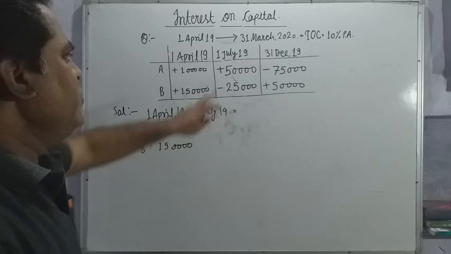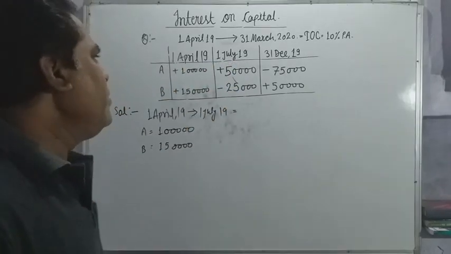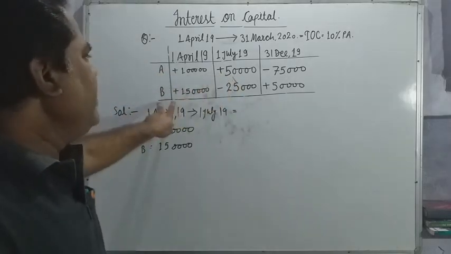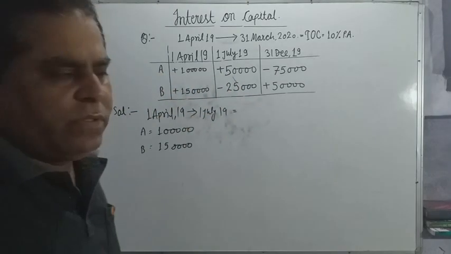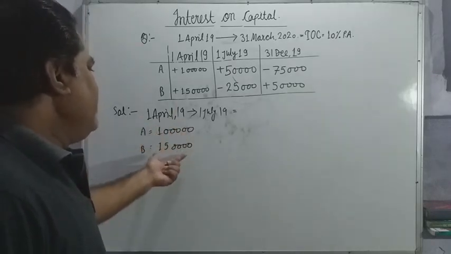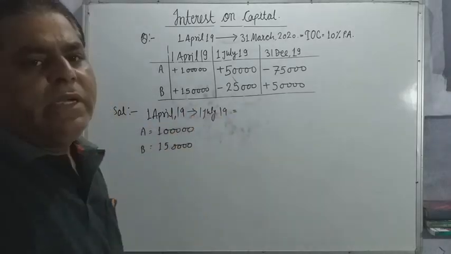After that, from 1st July, A and B both make a change. A is contributing 50,000 and B is withdrawing 25,000.